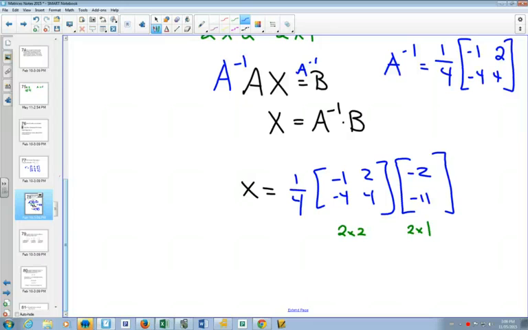So when I multiply those together, I will get a 2 by 1. -1 times -2 is 2, plus -22, -20.